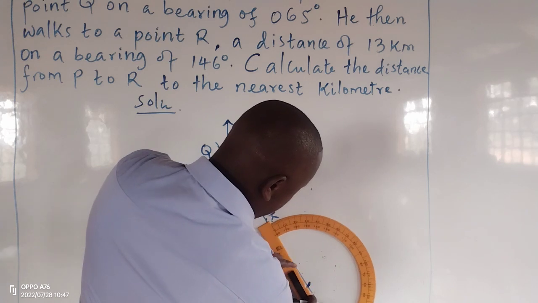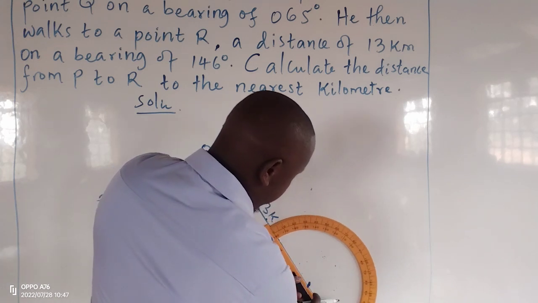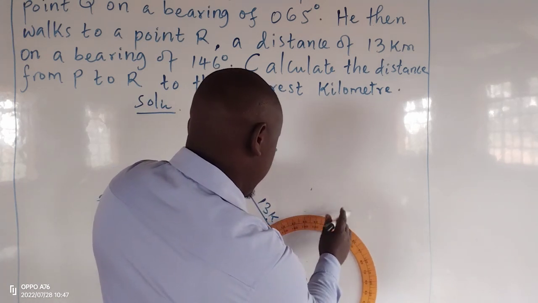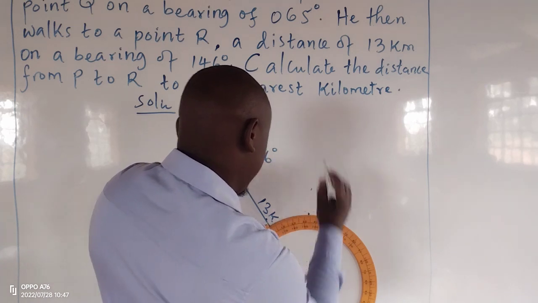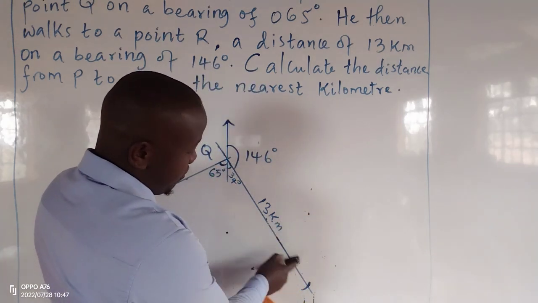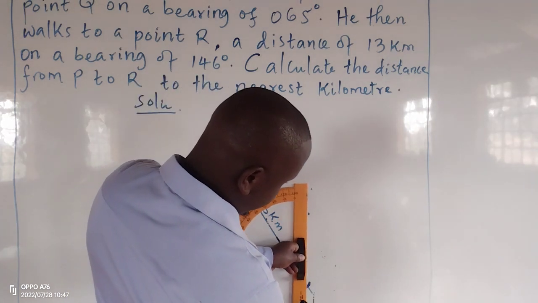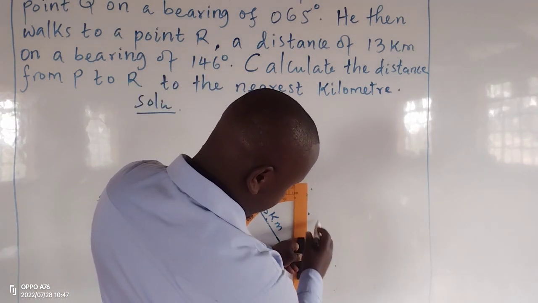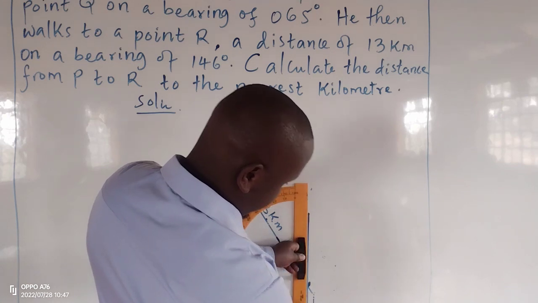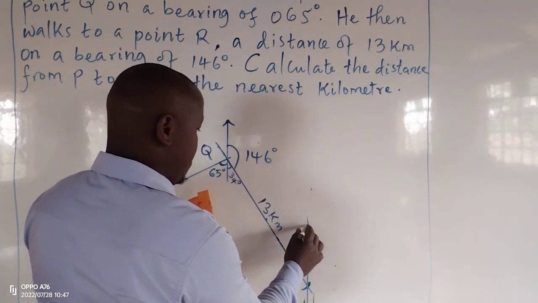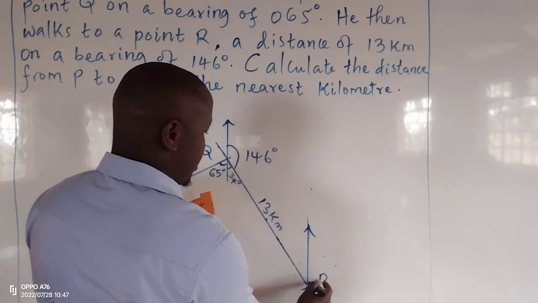So we use an acute angle of 34, just like in the other case. Yes, so this is the compass at point R.